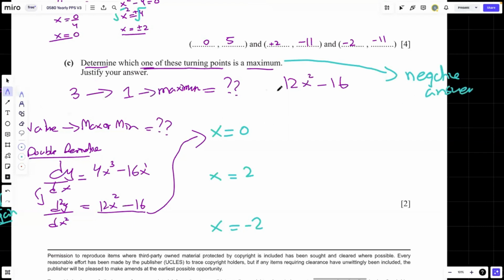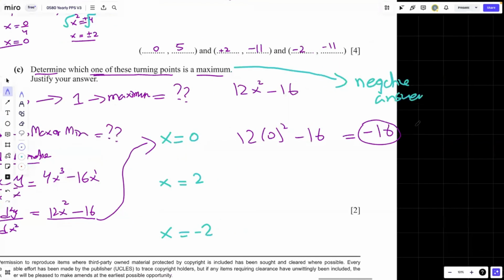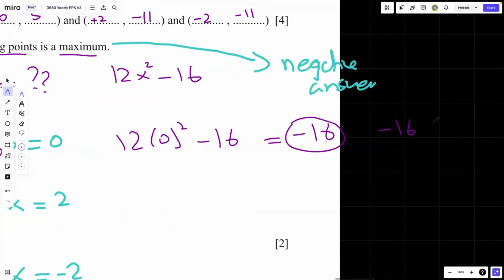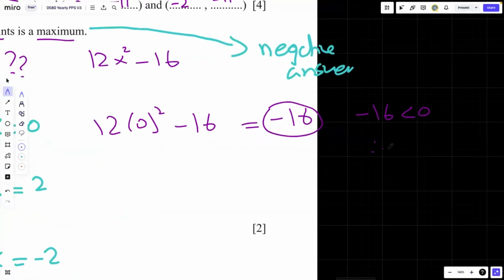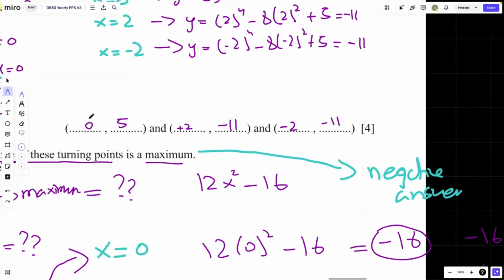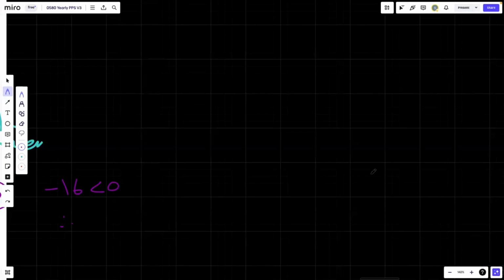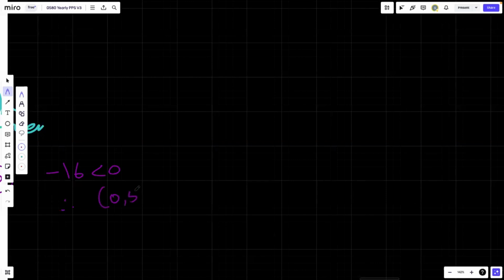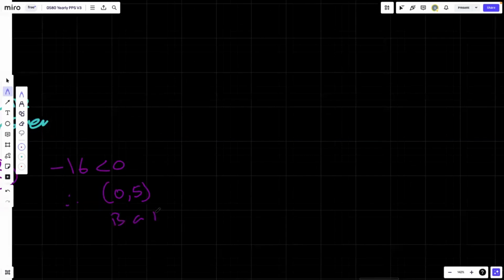So for that, let's plug in the first one. That's 12 into 0 squared minus 16, and that's giving me negative 16. So that is the one giving me the negative answer. Since negative 16 is less than 0, the entire point 0 comma 5 is our maximum point.